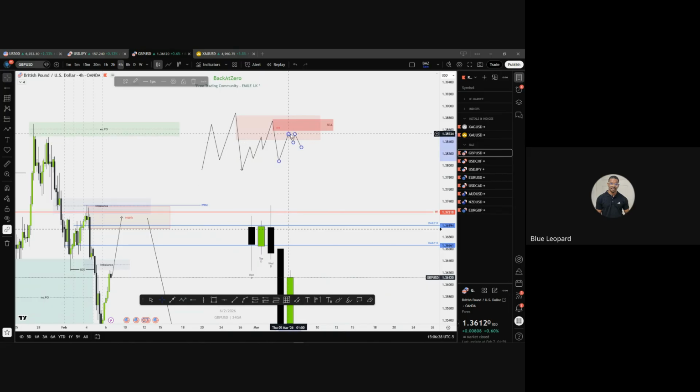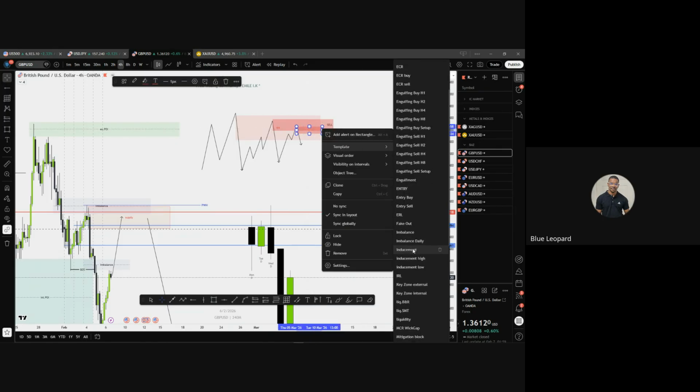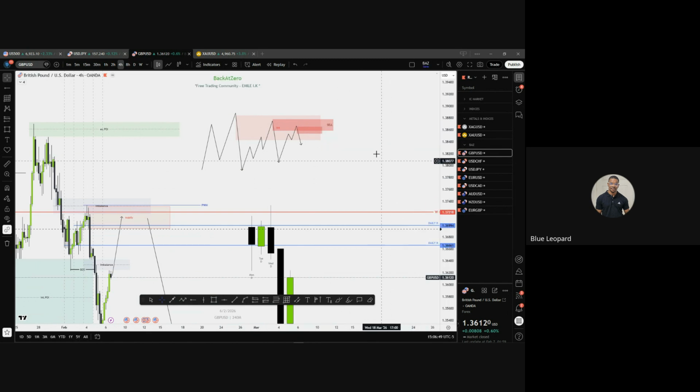You have to see a sweep of liquidity when it touches this M30 and create a break of structure on M5. And from that, you will come back inside here. You will have another engulfment on M5. That will be your entry point. This is entry sell, M5.